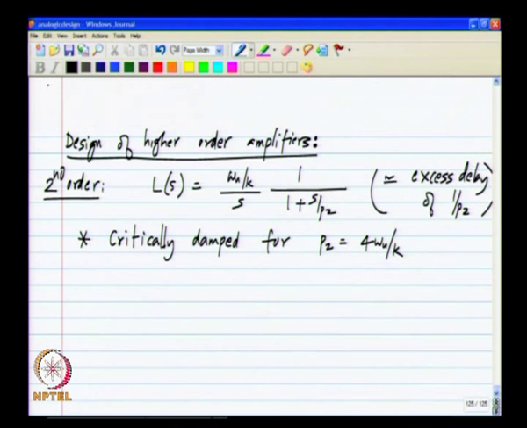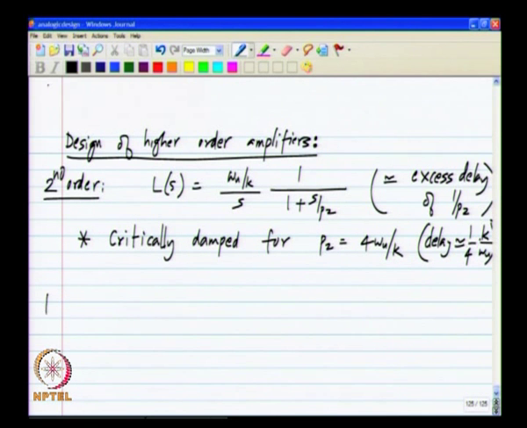Again, this is equivalent to a delay of 1 by 4 times the time constant of the integration. So this is what we know, and if P2 falls below this, we get a certain amount of overshoot in the step response.